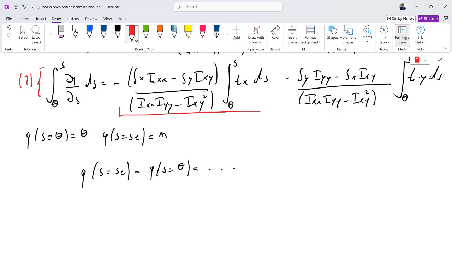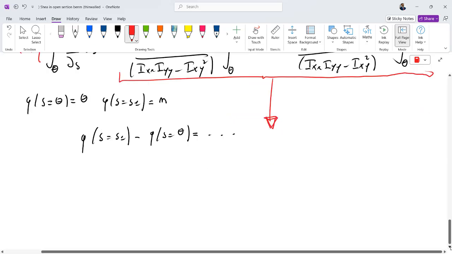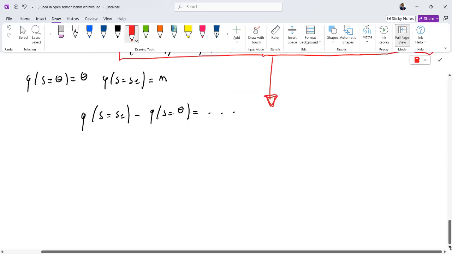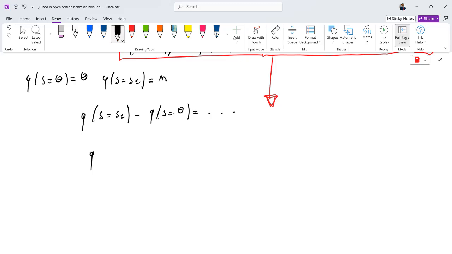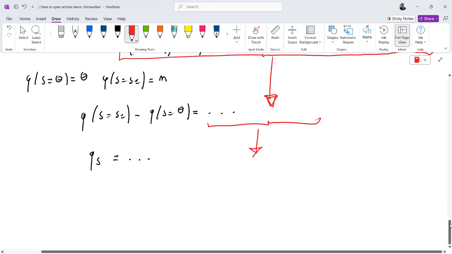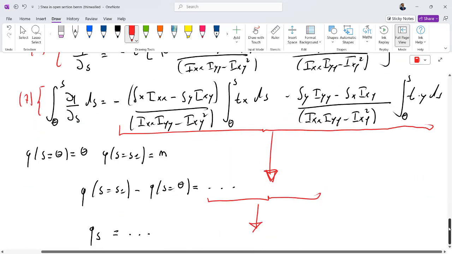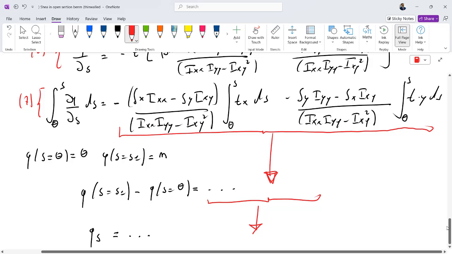But at s equal to 0 the shear flow is 0, so I can write an expression for the shear flow Qs that is equal to this whole quantity here. We have shear and product of inertia, moment of inertia, thickness, and x and y.